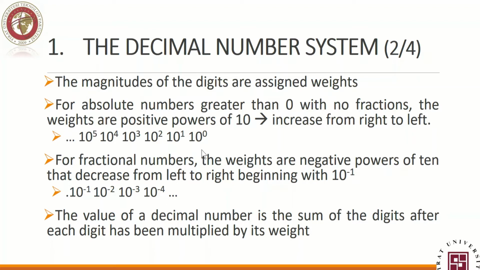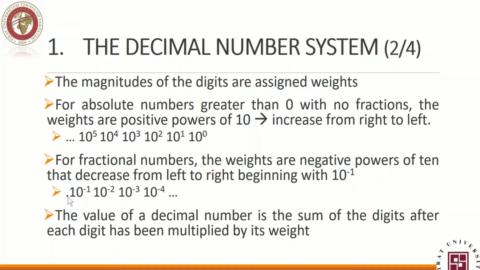So the positional weight for the integer values of a decimal number will increase while we are going to the left side. So they start by 10 to power 0, then 10 to power 1, and so on. The exact opposite of this happens when we have a decimal point or a mantissa.